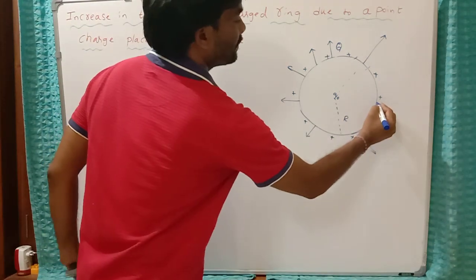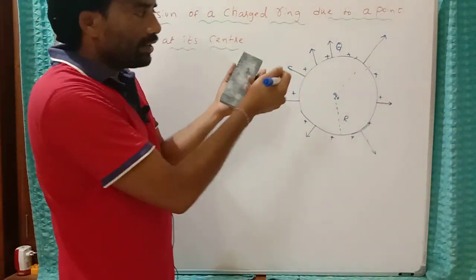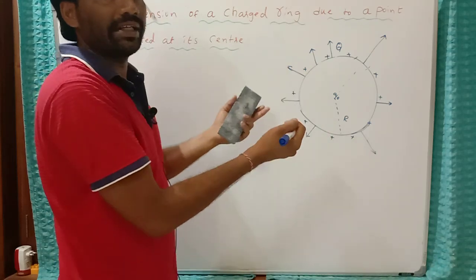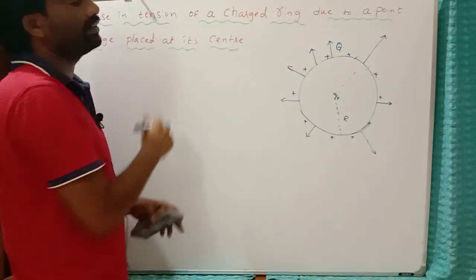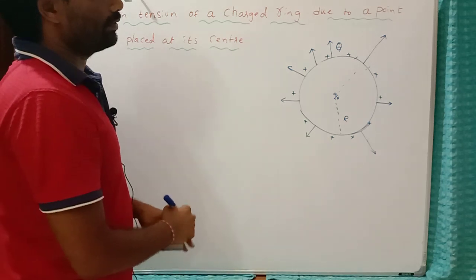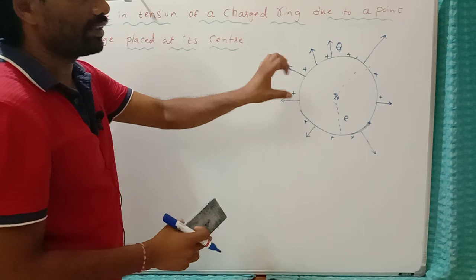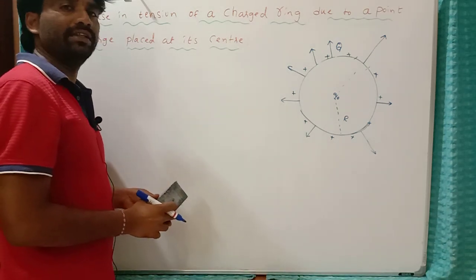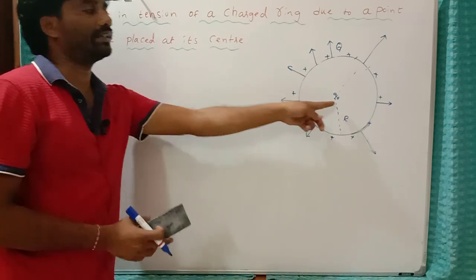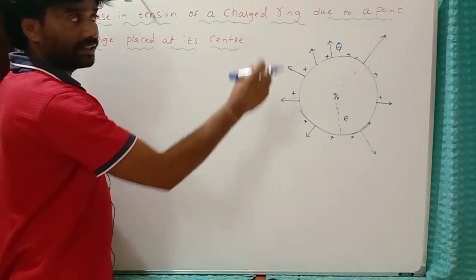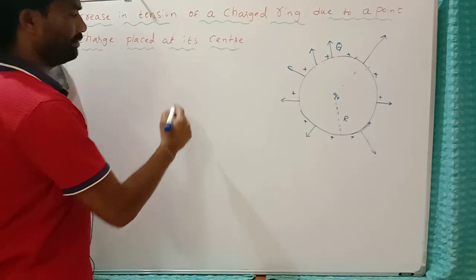Because of that force, this ring slightly undergoes some stretching. That stretching can increase the tension. So I am going to write the equation for the additional tension, or increase of tension, in the ring due to this Q naught. For that, let us take a small element of that ring.